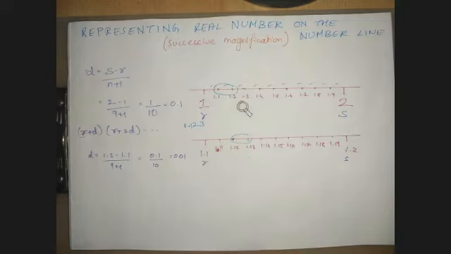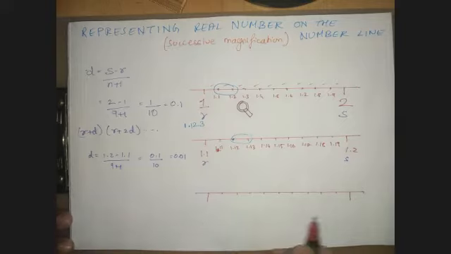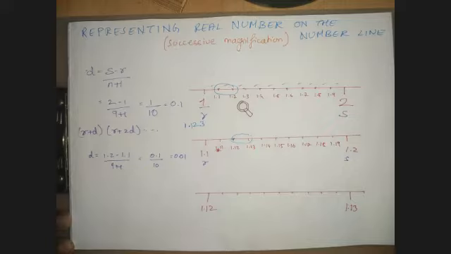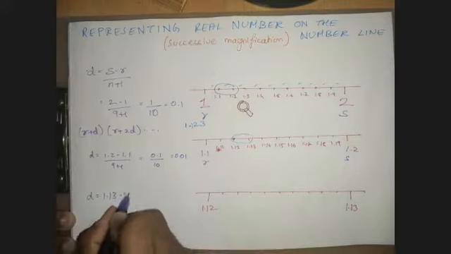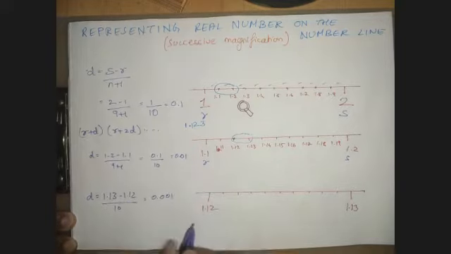I use the number line again to divide it into 10 parts and add 9 numbers in between 1.12 and 1.13. Again, D is equal to (1.13 minus 1.12) by 10, that is equal to 0.001. So I need to add 0.001 to this.